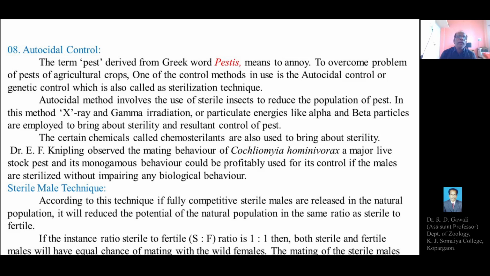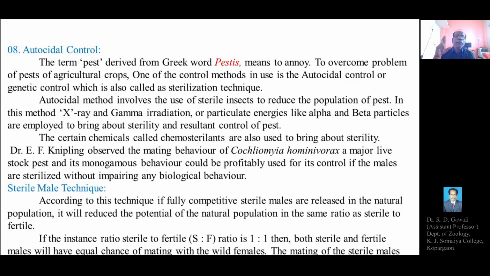The scientist Dr. E. F. Knipling observed the mating behavior of Cochliomyia hominivorax, a major livestock or animal pest, and its monogamous behavior could be profitably used for its control if the males are sterilized without impairing any biological behavior.